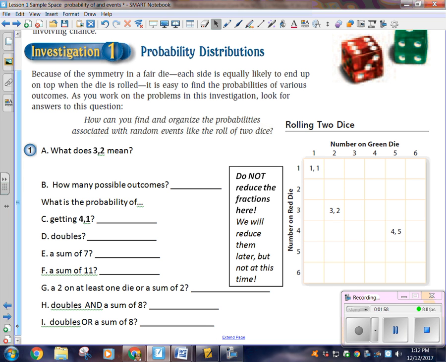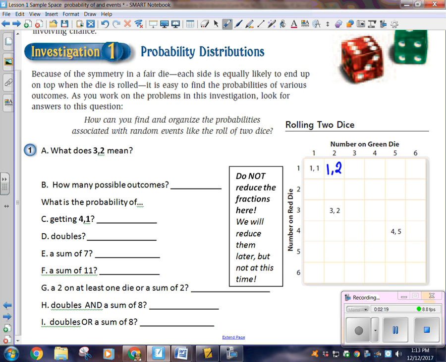Okay? For example, I could roll the 2 dice, toss them down, and I could have a 1 on the red, and what else? A 1 on the green. Does that make sense? What else could I have? I could have a 1 on the red and a what? 2 on the green. You're going to fill in yours. I'm going to fill in mine.